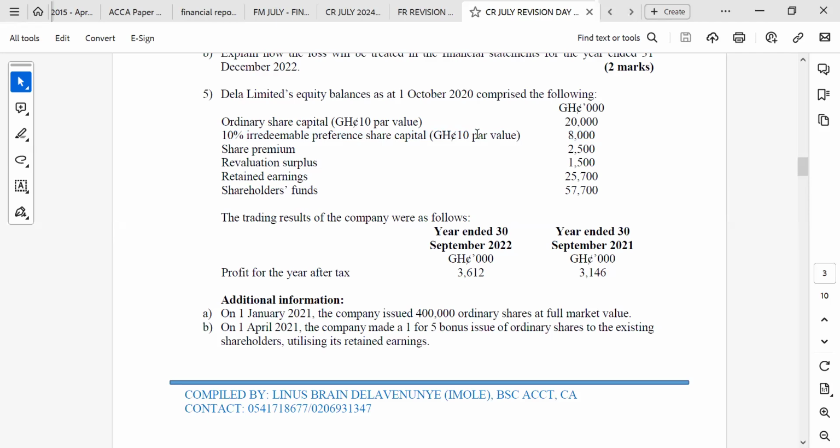It's only the irredeemable preference dividends that you subtract from the profit for the year after tax.